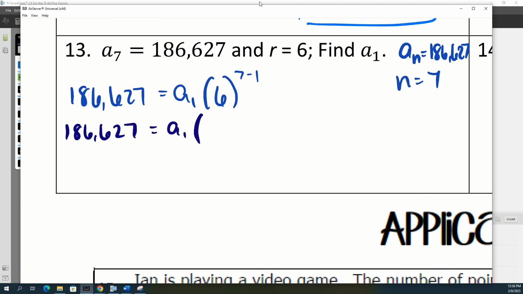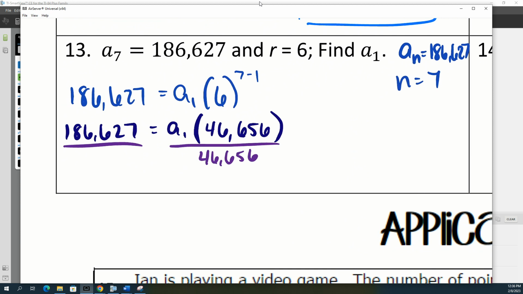All right, so 6 to the 7 minus 1, or 6 to the 6th, is a pretty big number. It's 46,656. And then just like the last problem, we're going to divide. And that should give us what a sub 1 is.